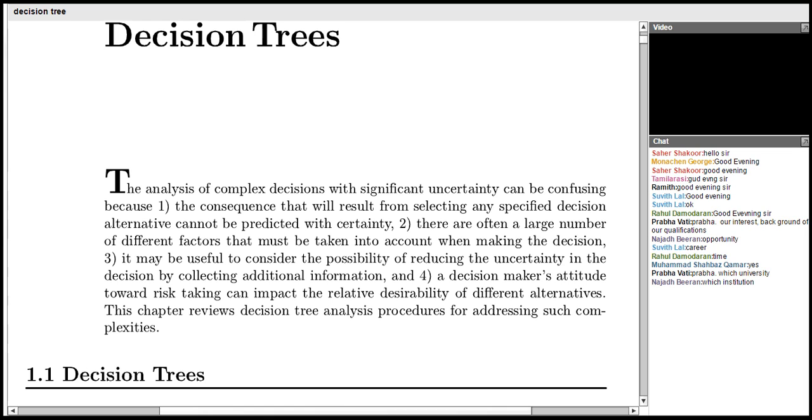Like Najit said, the same: which institute? If it's an institute, there are lots of them out there, and we have to make a choice. And your circumstances, like what circumstances? They're very broad. There are so many circumstances.